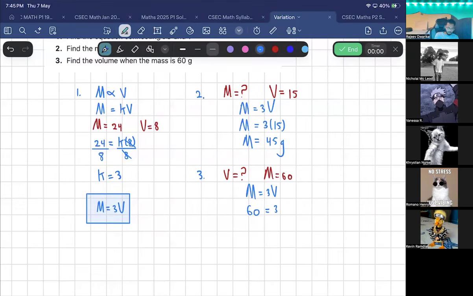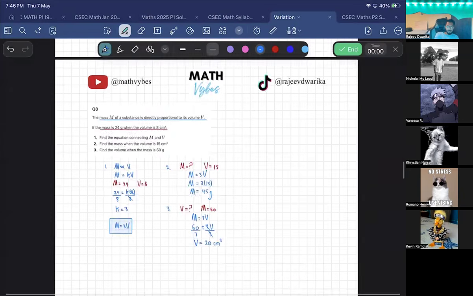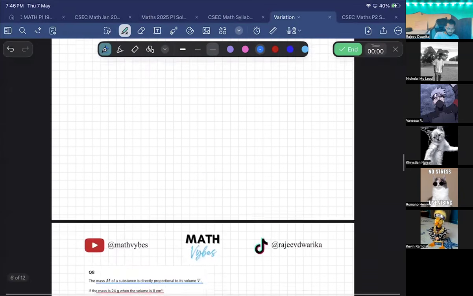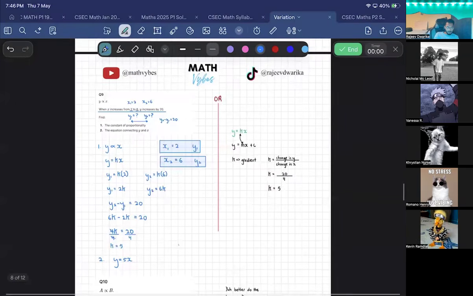No. So I need to find V. I have 3 multiplied by V. What do we do to get rid of that 3? We divide both sides by 3. Then V is equal to 20 centimeters cubed. That's the whole gist of these types of questions. You good? If you look at another question, you'll see the same thing.